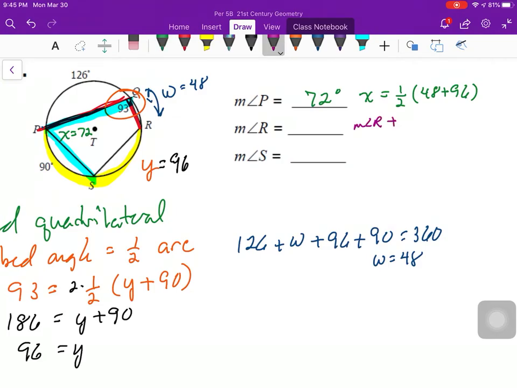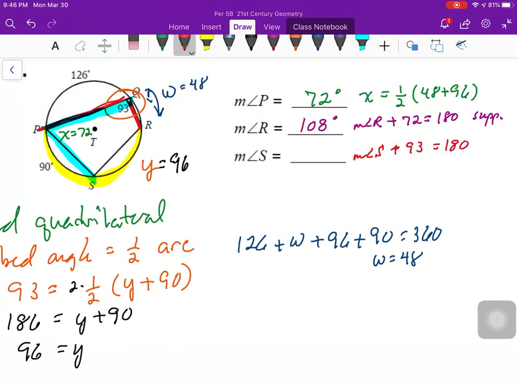And then to find angle R, I know that if I add the measure of angle R plus 72, I have to get 180. They have to be supplementary. So angle R comes out to be 108 degrees. And angle S has to be supplementary with 93.